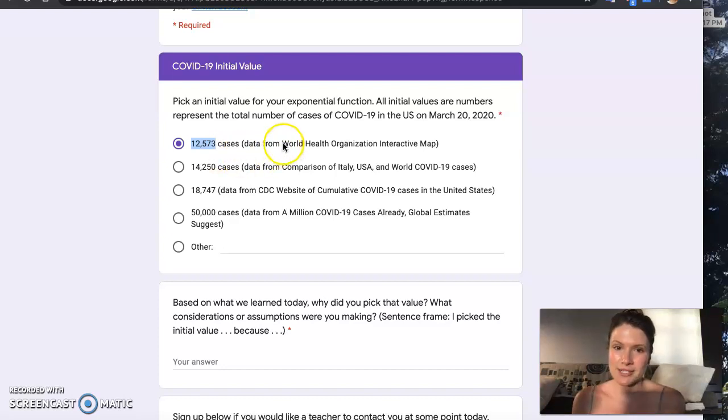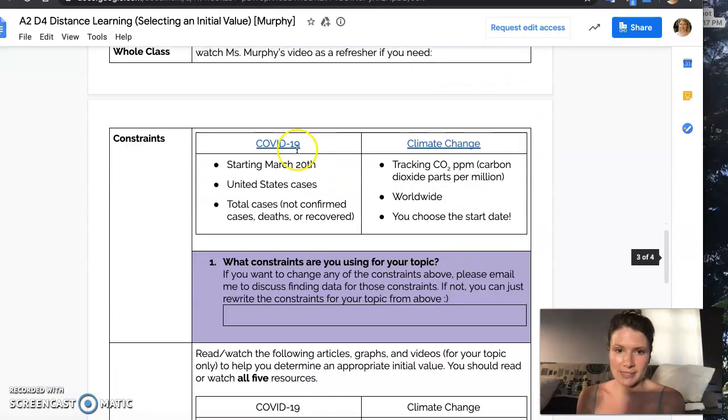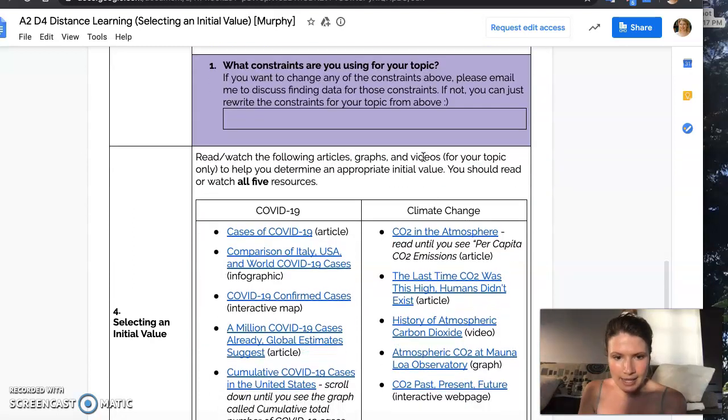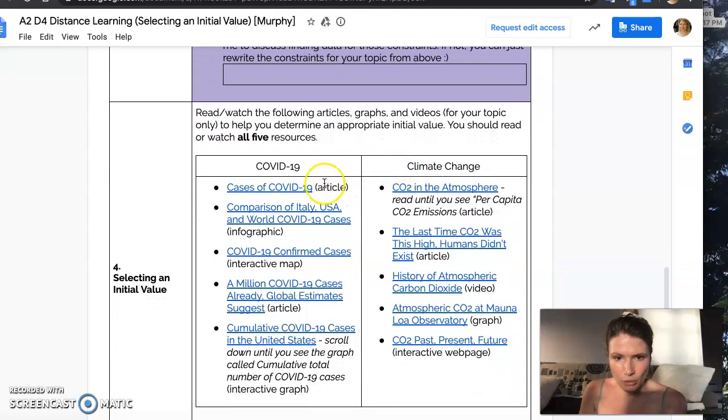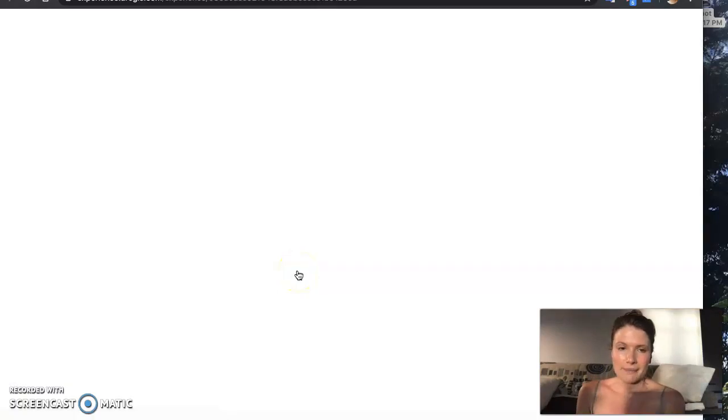It says the resource for that is the World Health Organization. That's a legitimate resource. So I'm going to go back to my algebra teacher's lesson and scroll down to the place where they have the resources listed. I'm going to go to the World Health Organization interactive map. It's going to be this one, I believe. Okay.